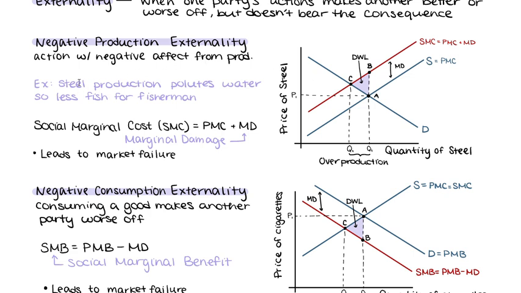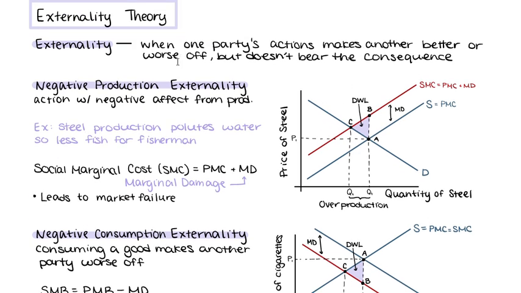For example, steel production pollutes water, so less fish for fishermen, but the steel production firms didn't bear this consequence because they don't do fishing, so they don't need to bear this cost.